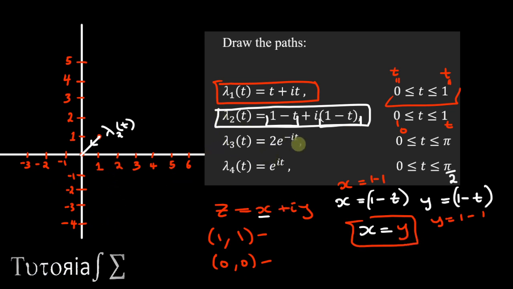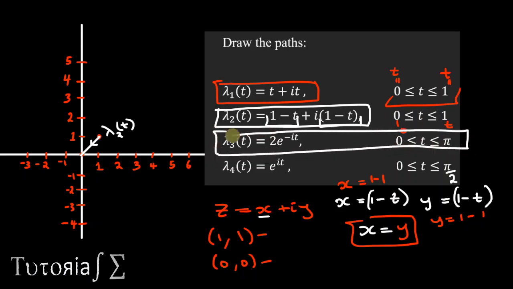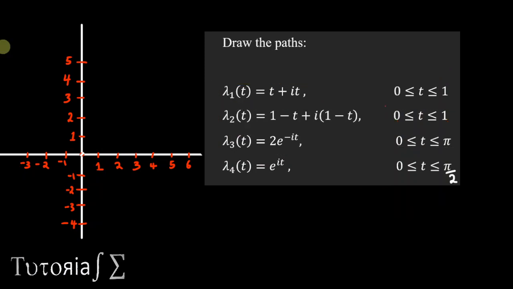Now we go to lambda 3, which is this part here. We're going to do the same thing. Let me just erase the board. For path 3, we have 2e to the negative it, which we can write as e to the power i times negative t.